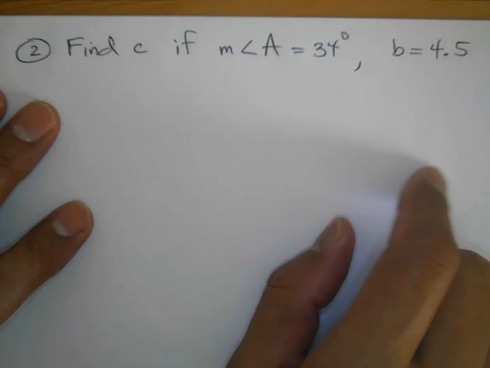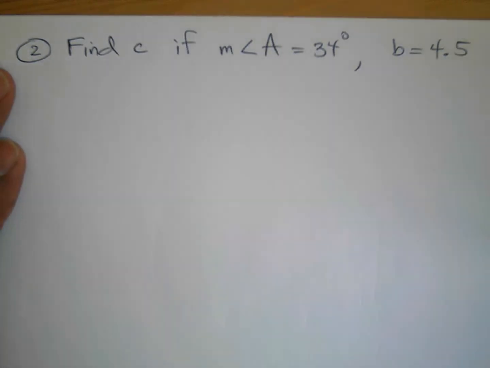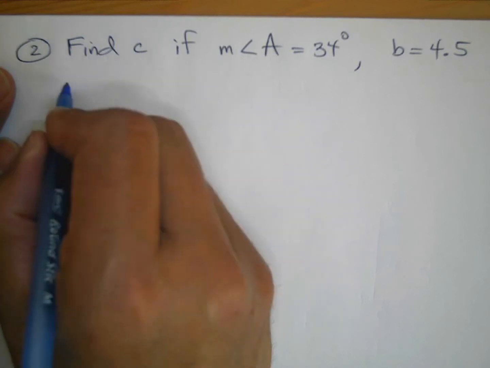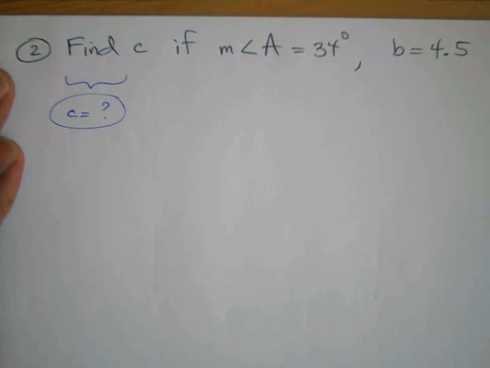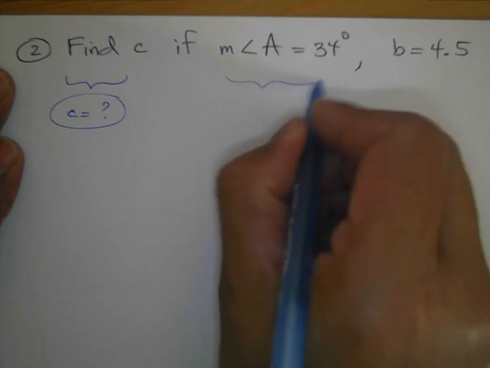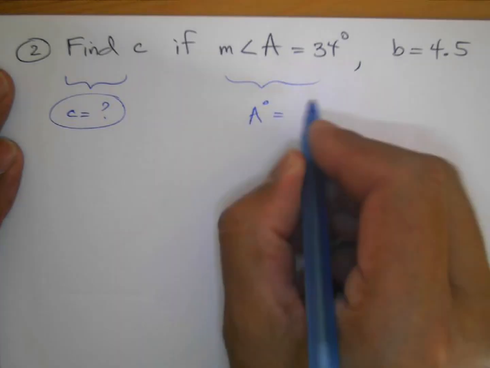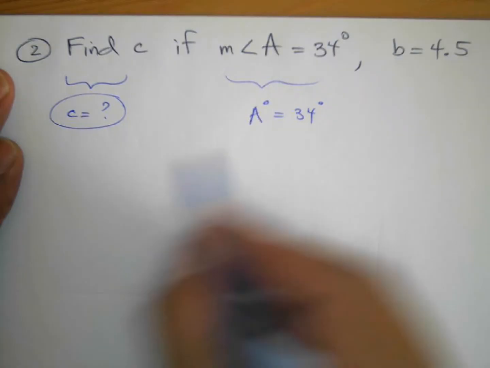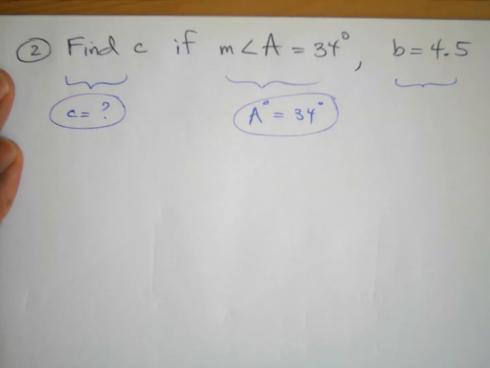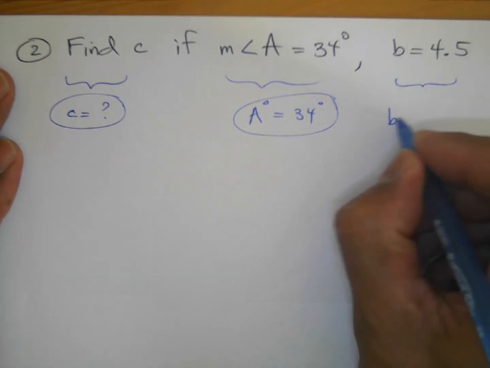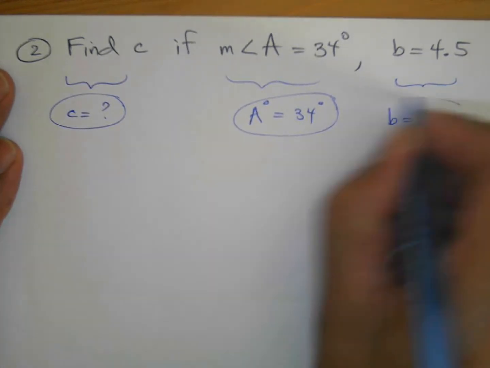All right, let's pull information out of here. What do I know? Well, I know that we have to find side C. We know that the measure of angle A is 34. And they give us another side. B is equal to 4.5. Side B is 4.5.